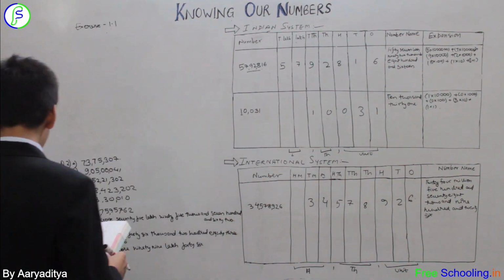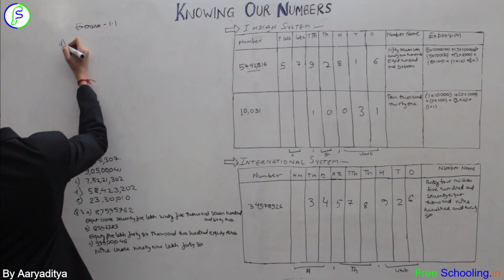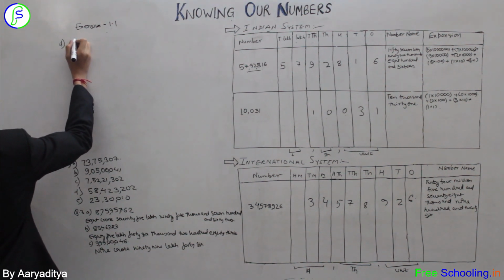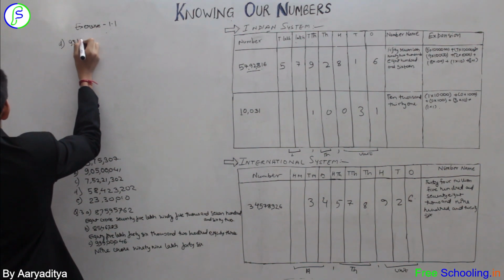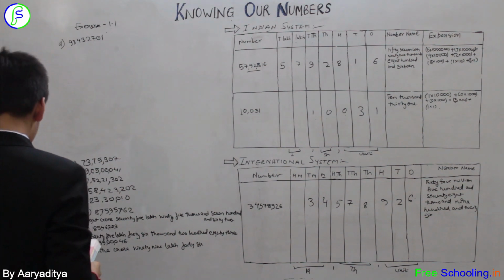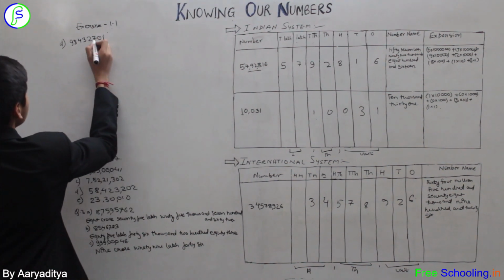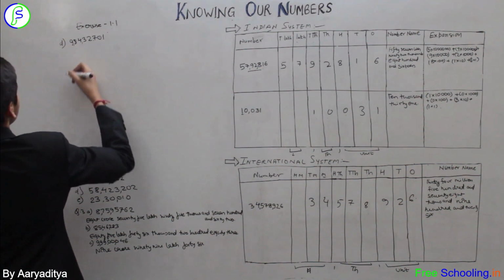So now the D part of question number 3, just to continue from down, 98432701. Okay, so first insert commas in the Indian system, I've told you earlier.